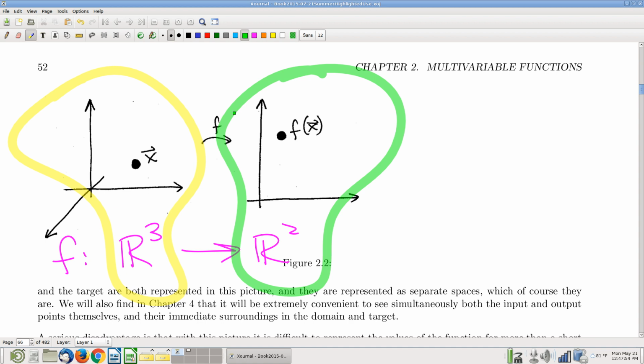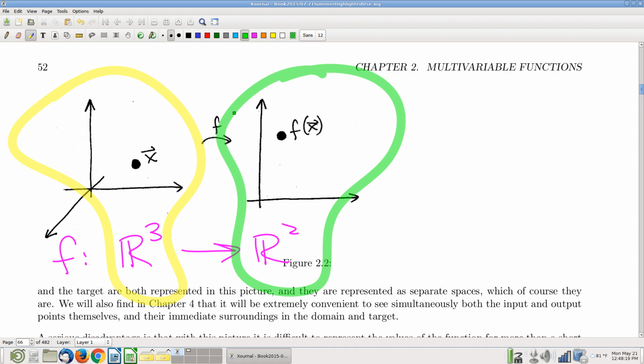How would I draw a graph of this? That's certainly not a graph. In fact, on this picture I'm only representing what's happening to that one point. There's no curve, there's no surface. There are 2 axis systems. This is not a graph. It does turn out, though, that this is a really important way to understand multivariable functions.